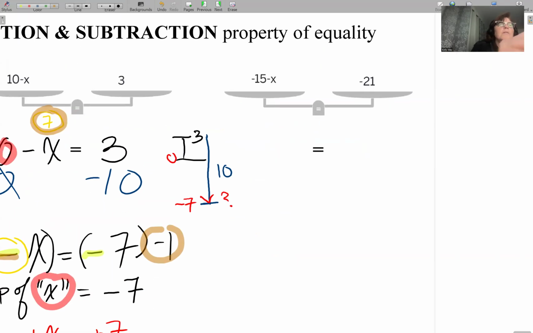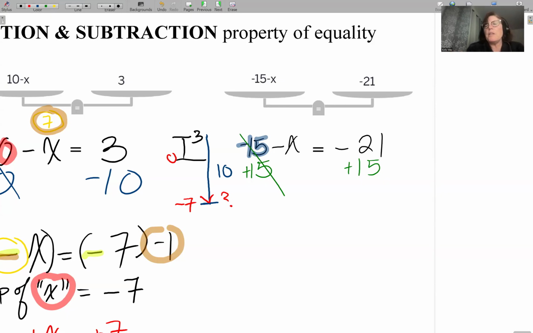This side, we have negative 15 minus x equals negative 21. Minus 15, the inverse operation is going to be adding 15, adding 15.